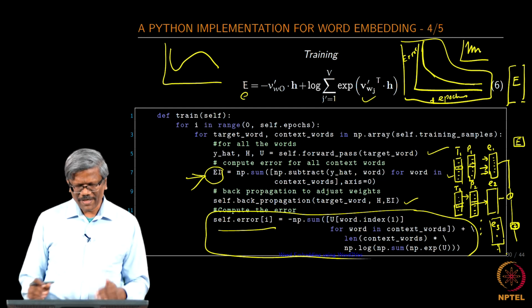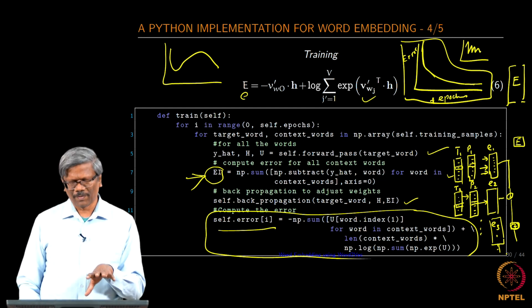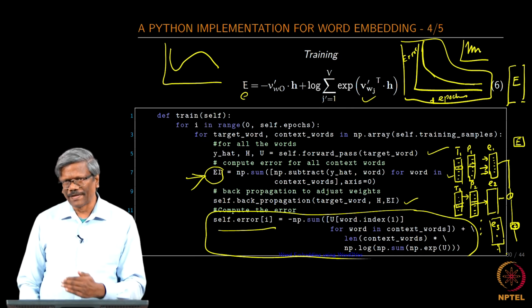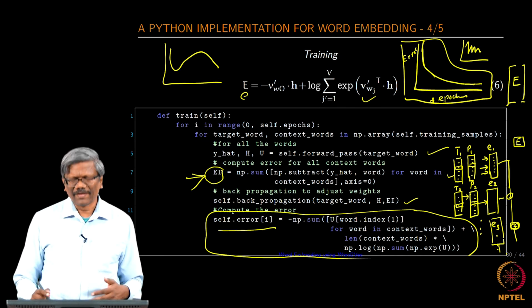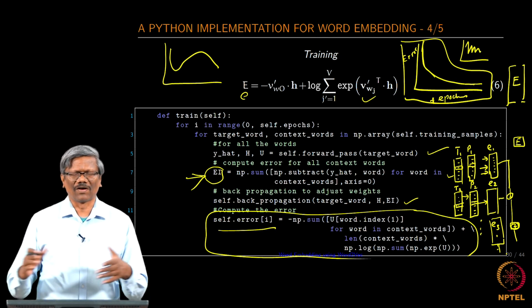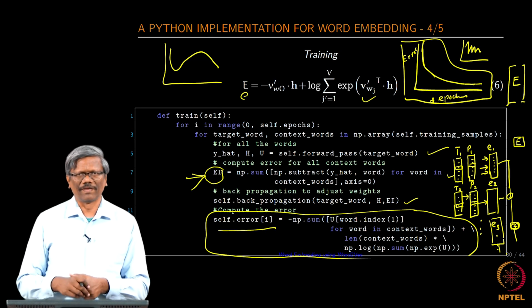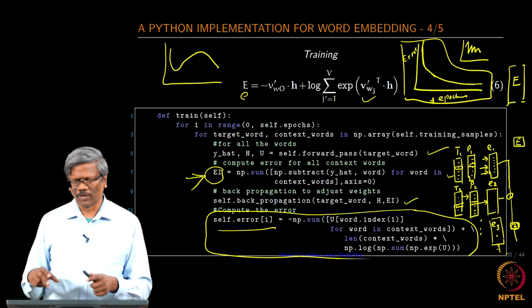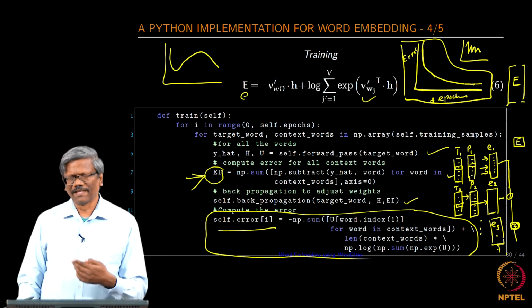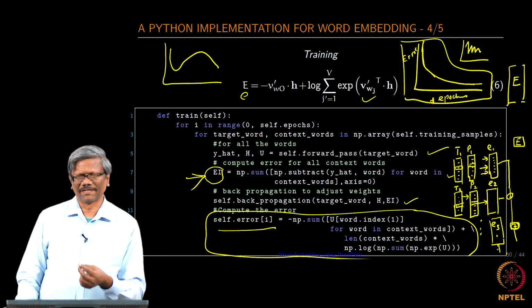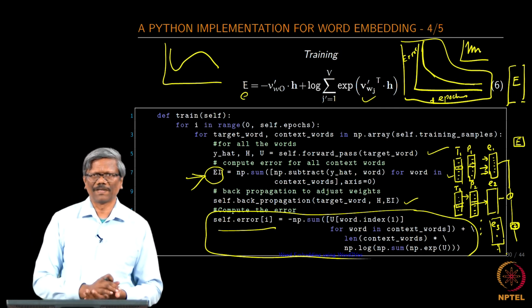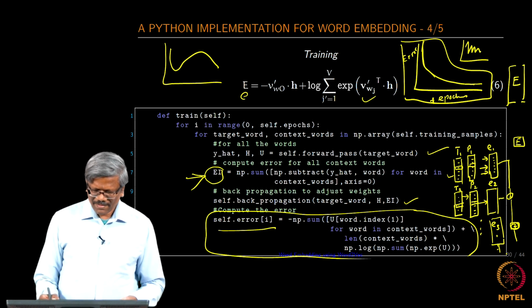Make sure that your program is right and the error is slowly coming down, then you can take a bigger corpus, a bigger vocabulary, and increase the number of epochs and so on. While doing that, keep playing with the learning parameter to see what is the right learning parameter for you as well. So, you got it.